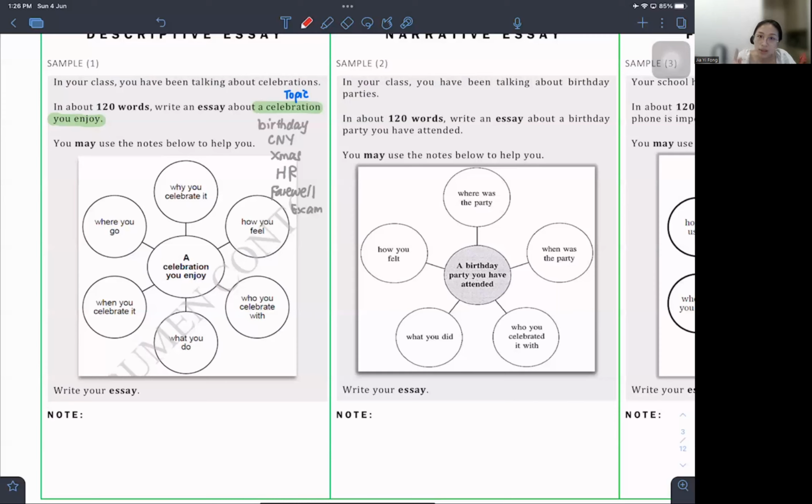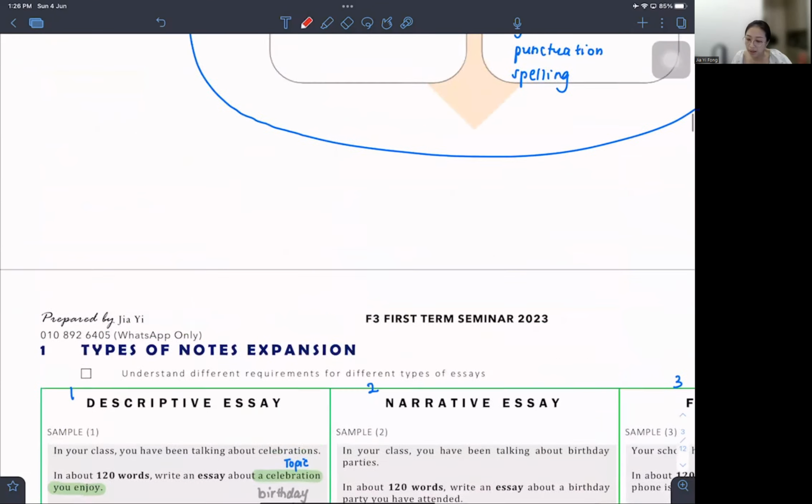Okay, so now that we understand our topic, next we need to read through our questions 1, 2, 3, 4, 5, 6. So again, why do we have to read through the questions? Because you need to make sure you answer the question. If the question asks you why you celebrate it, tell me why. If the question asks you where you go, you have to answer. What happens when you don't answer? Let's go back to our marking scheme.